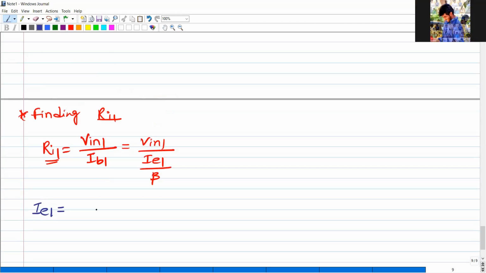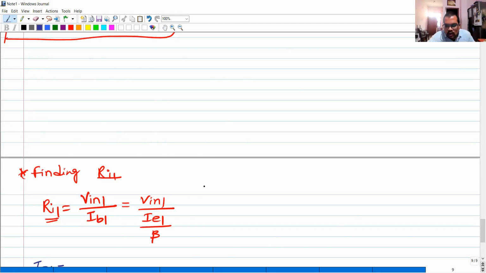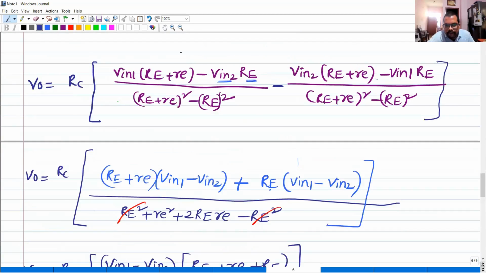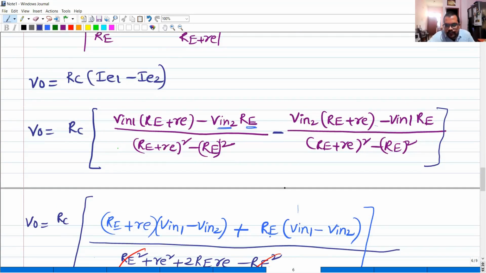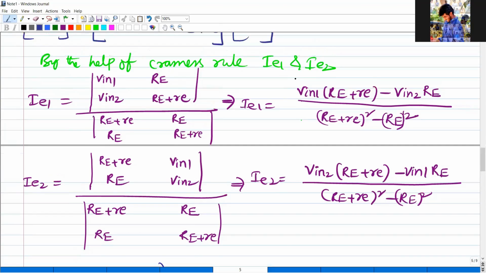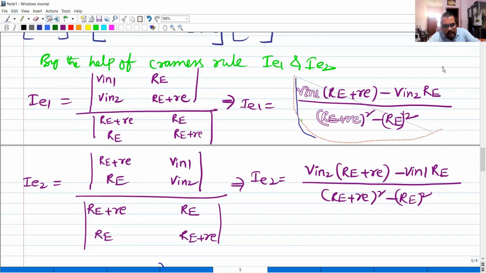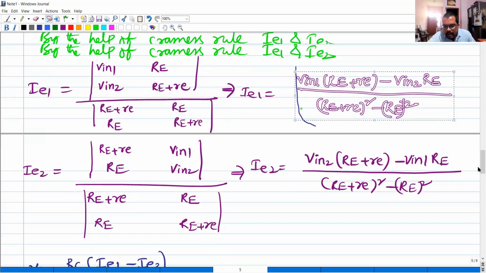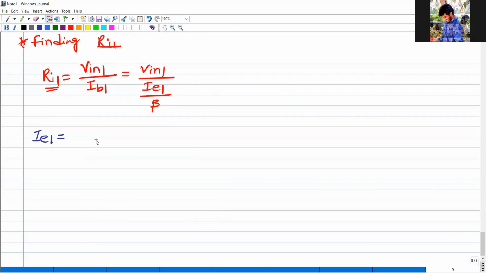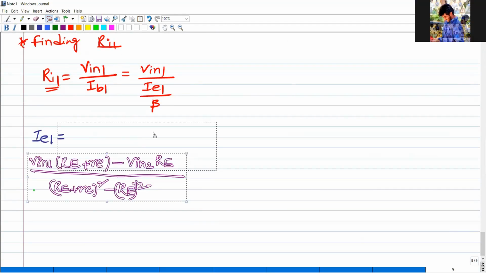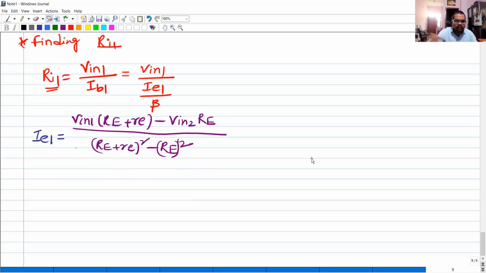I want to copy that equation here: Vin1 (RE plus RE) minus Vin2 by (RE plus RE) whole square.